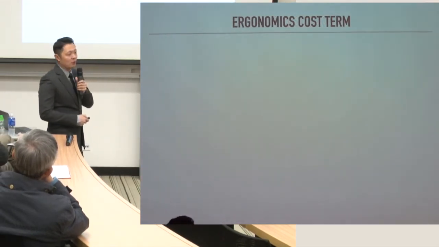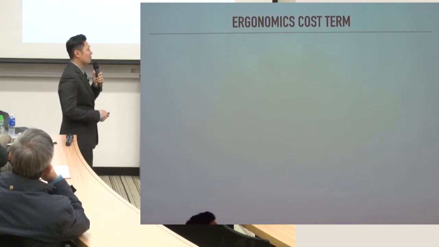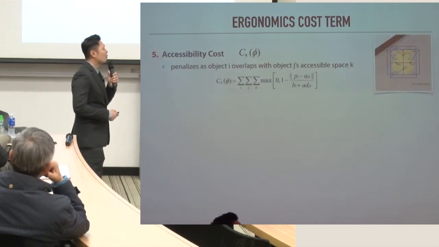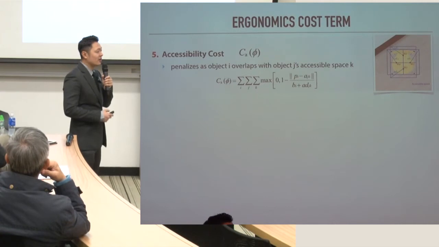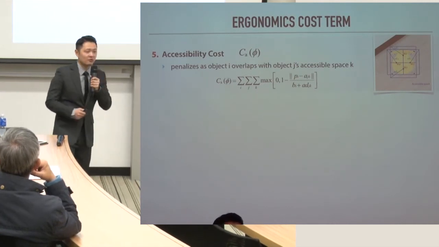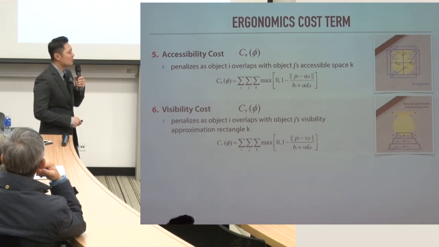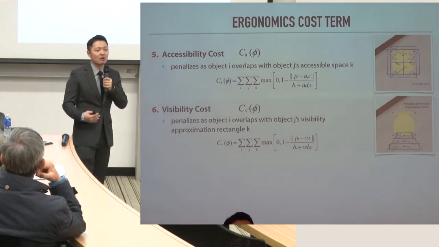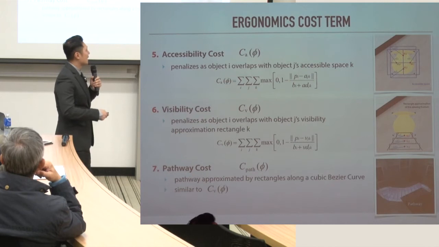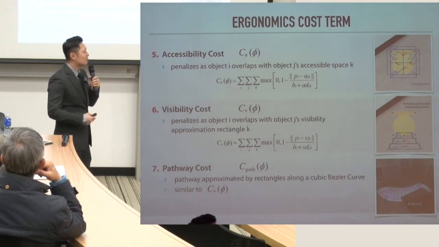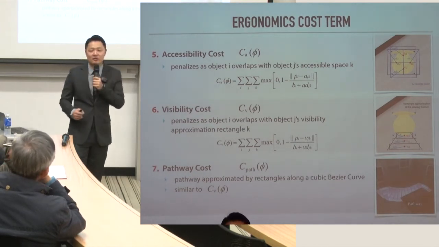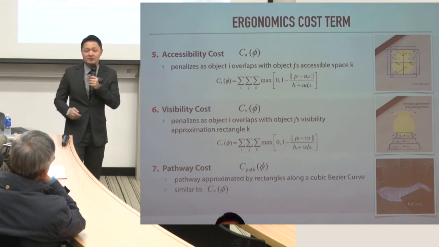And then we also have some ergonomics cost terms. For example, we have the accessibility cost, so that during the optimization the furniture will not overlap. The visibility cost makes sure some objects will not be blocked. And the pathway cost ensures that when we do the optimization, we will not put furniture objects on certain pathways.